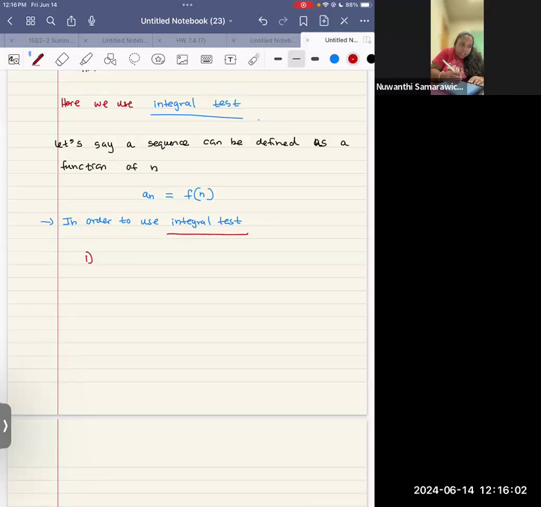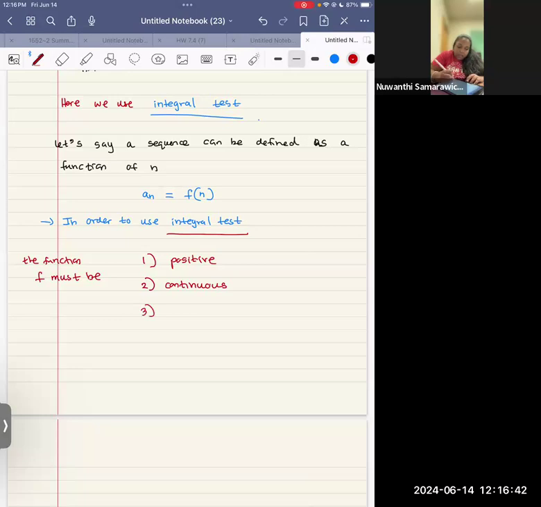The first condition is that we need to check the function f: it should be positive. The second one is that it should be a continuous function. There should not be any holes or discontinuities.